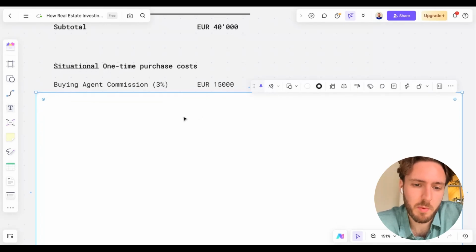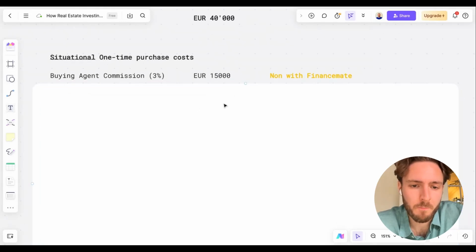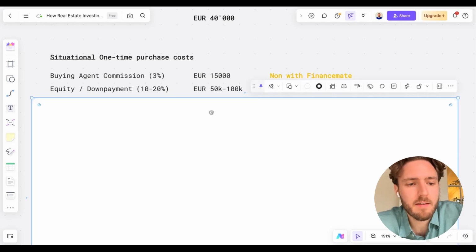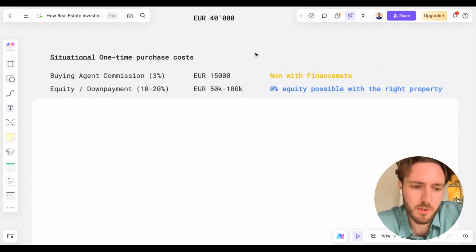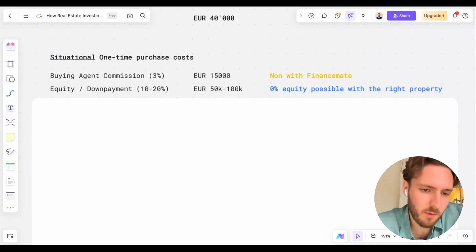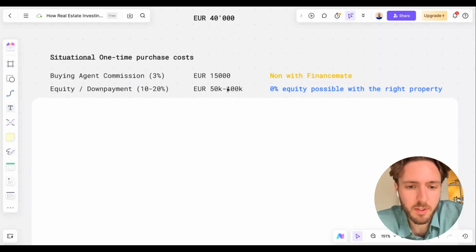As you can see, that would be 15,000 euros. With us, you actually have none of those because we work directly with developers, so we can save you that cost. And then the other thing is the equity and the down payment, which can be anywhere from 0 to 20%, or often, if you have a more standard property, 10 to 20% in equity, which can also be a lot of money that you need to bring up front.